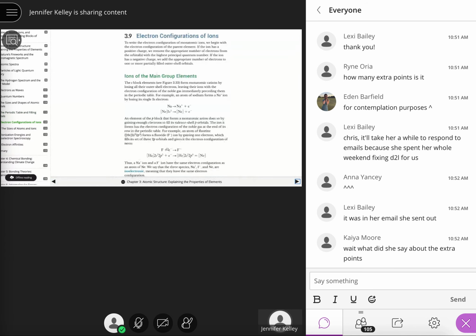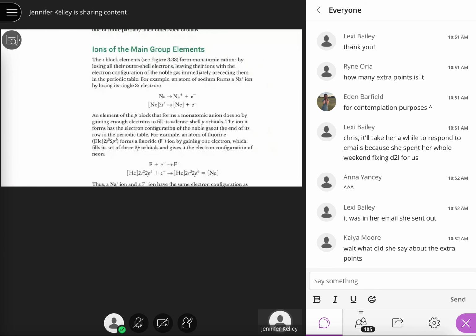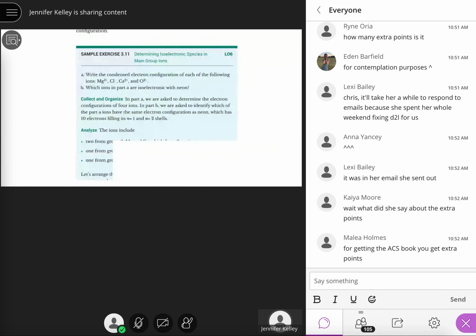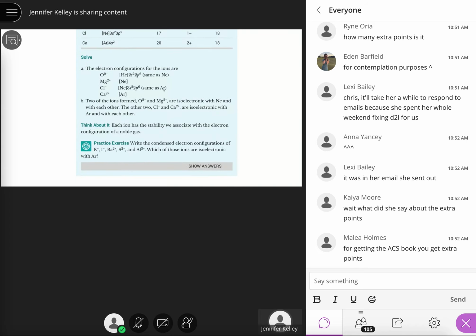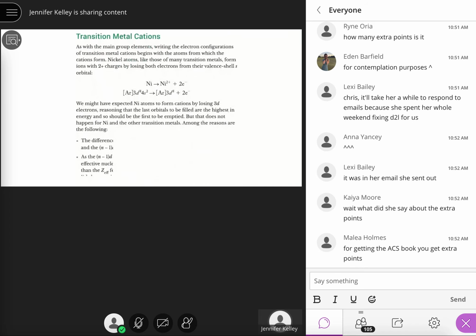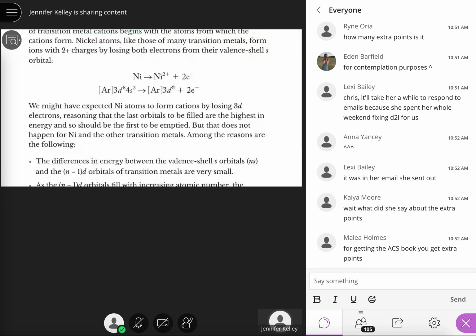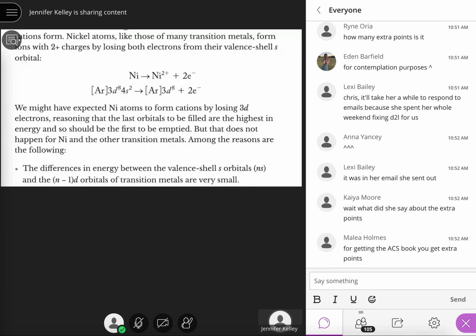All right, so let's take a look at transition metals, transition metal ions. Transition metals are all found in the d section of the periodic table.